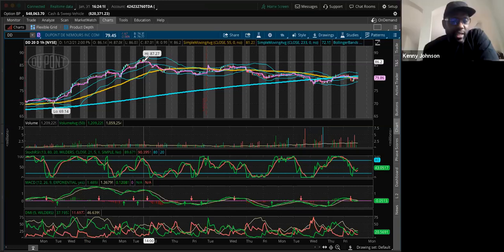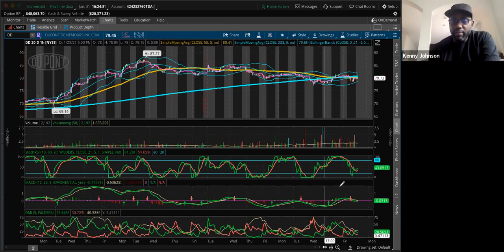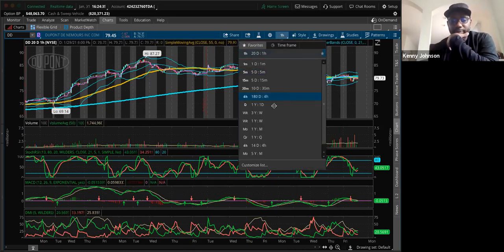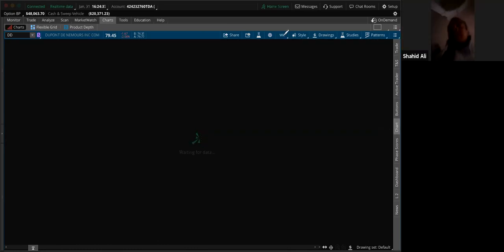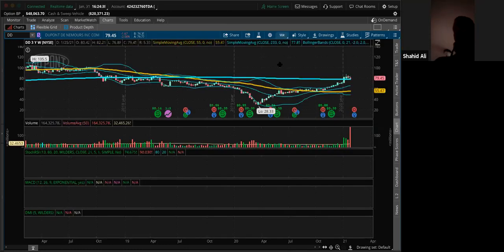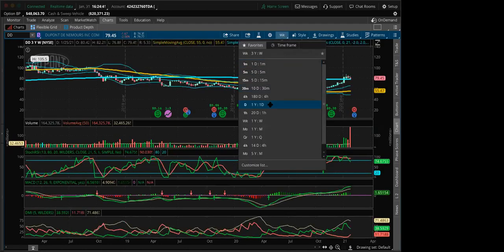So it reached a 52-week high on the 12th of January. So it pulled back a little bit. Maybe this might be the news to get it back. Hold on, let me look at something. That's an hourly chart. Let me look at the daily chart. What stock y'all looking at? DD. Oh, you said DD.